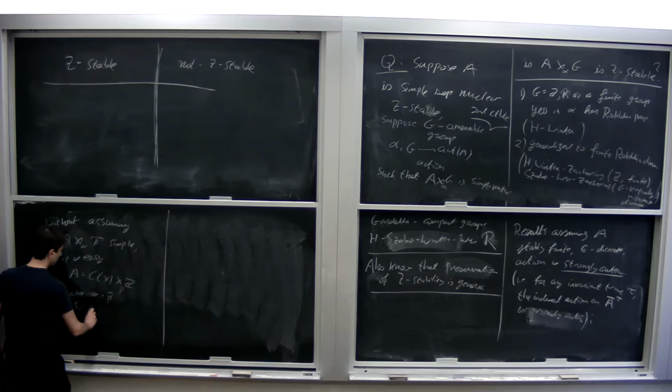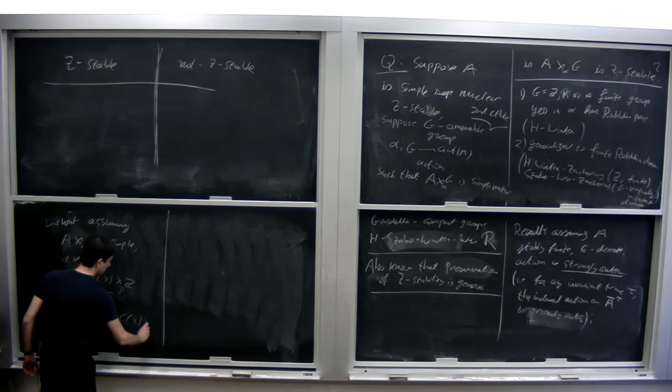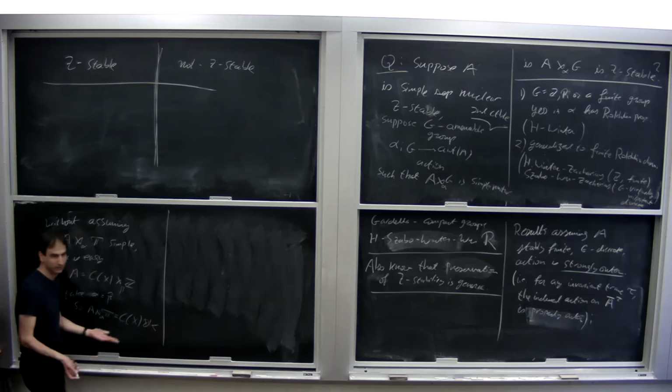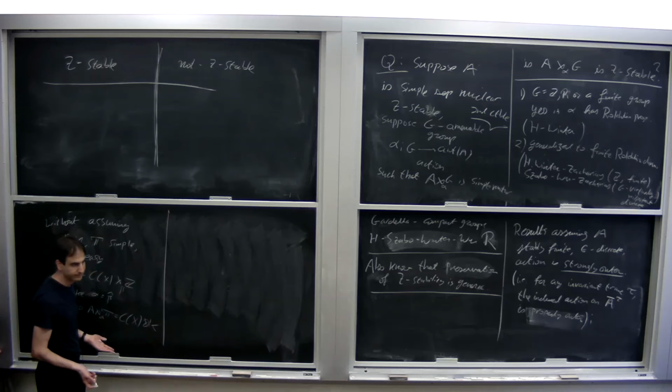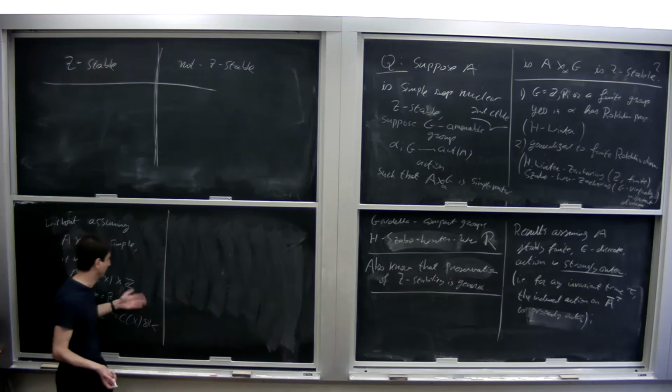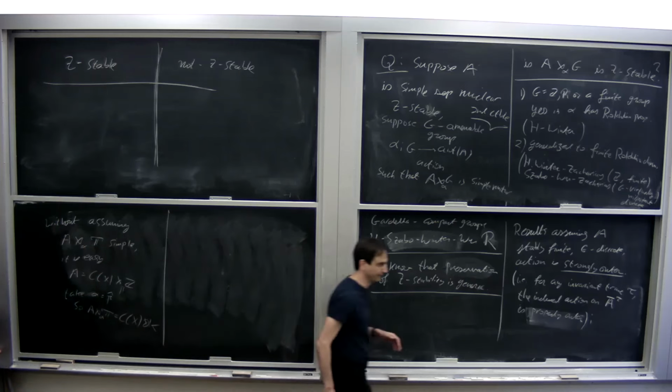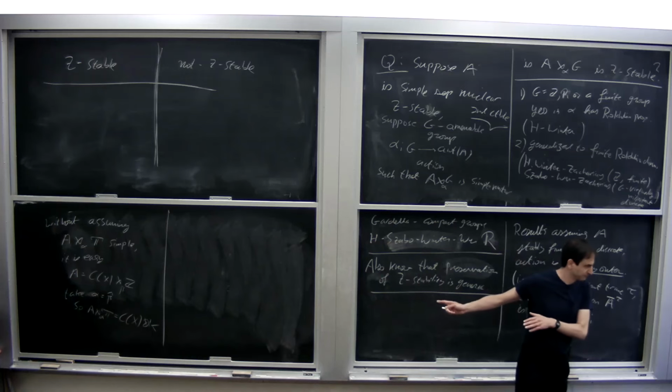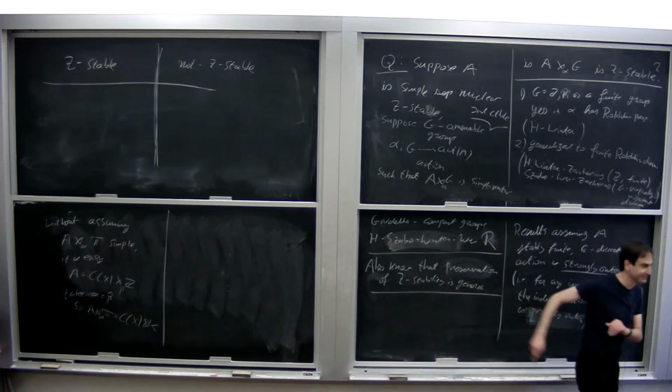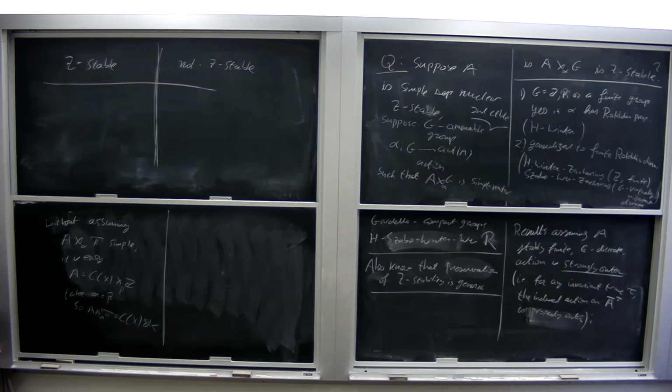So the cross product by the circle is just going to be, by Takai duality, C of X tensor compacts, and this is not Z-stable. Okay, I mean, that was obvious to begin with. I didn't waste time on this, but then the question is, would outerness be enough, or the suitable version of outerness?